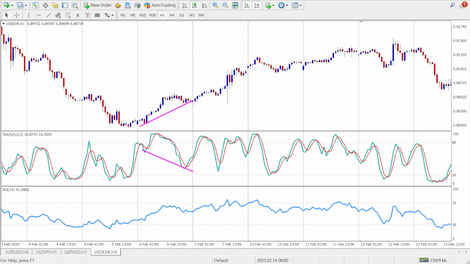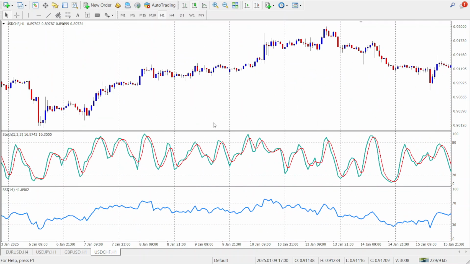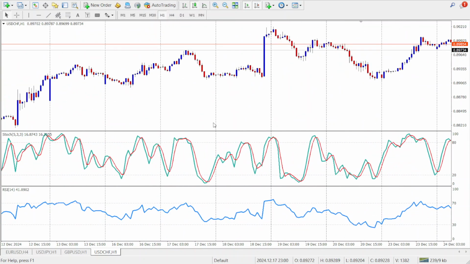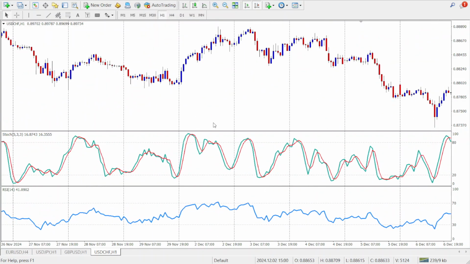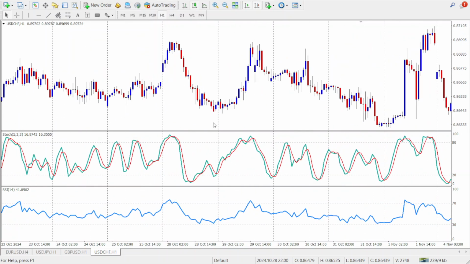market. In range-bound markets, price moves within a defined range. Looking for a good example now.